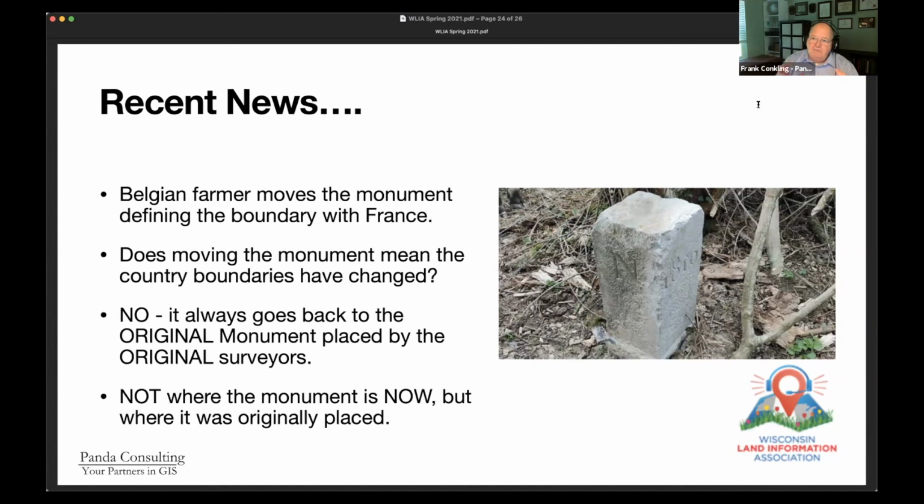So the remonumentation projects that you have going on are really good projects in attempting to find where those original monuments were placed. But that doesn't mean you go back and remap everything because you think you know where those original monuments were placed with the PLSS.